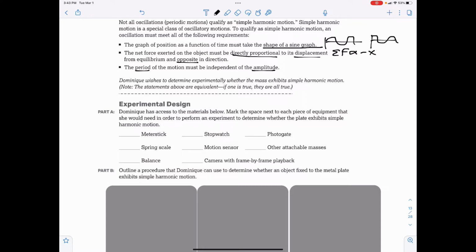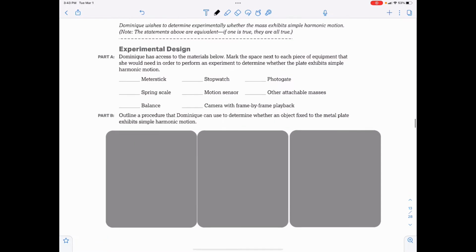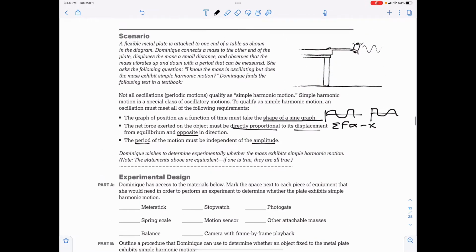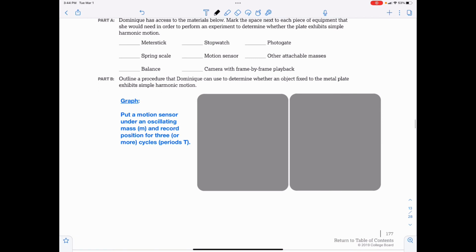All right, so let's take a look at the first one. How do we experiment to see if we get a sinusoidal function? Well, simple. Here's the end of your table. Here's your vibrating mass.